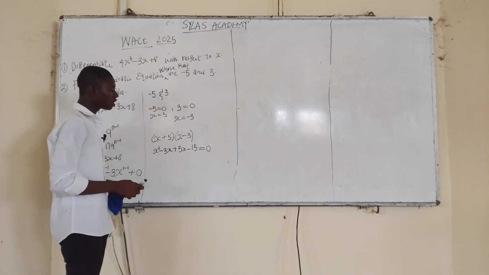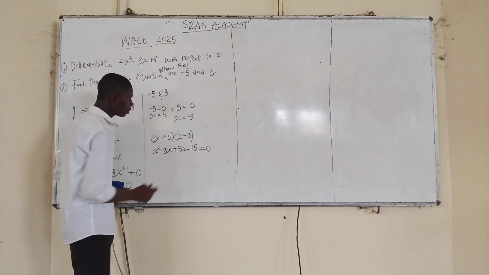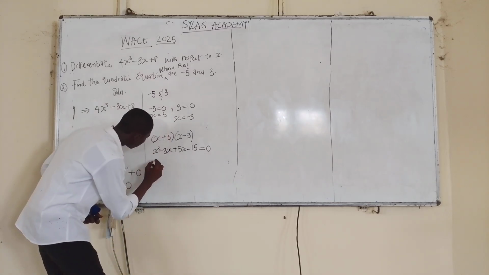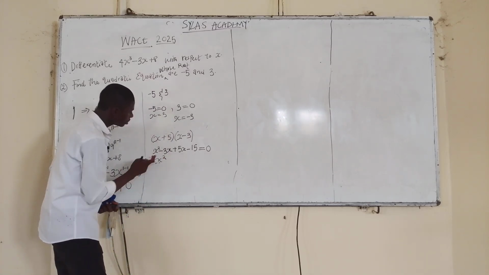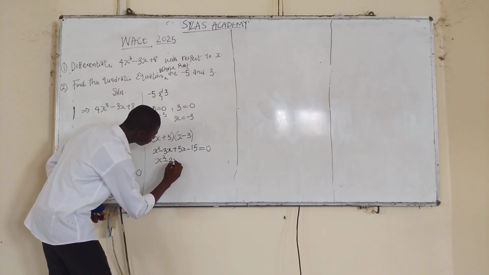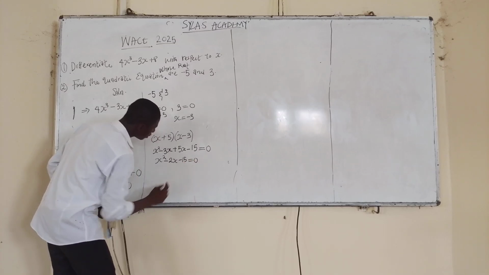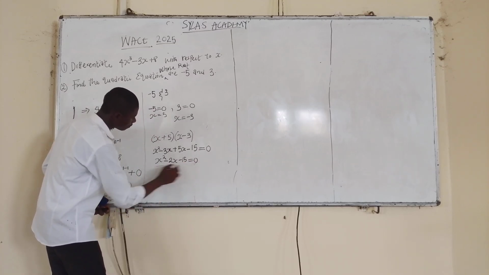It's equal to 0 because you are looking for a quadratic equation. Okay, now we are going to have x squared. Minus 3 plus 5 gives you 2. You have x squared plus 2x minus 15 is equal to 0. And this becomes your final answer.